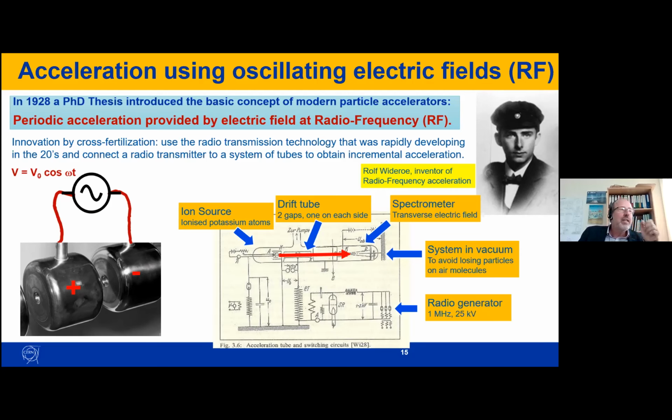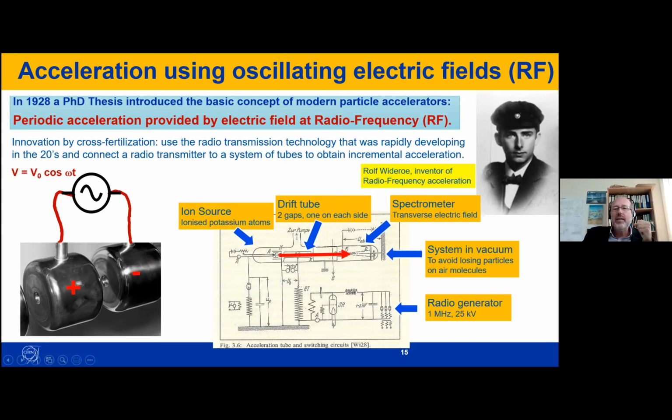In this case, the idea was to connect a variable voltage to our tubes. Basically, you change the voltage between one and the other, and in this way, you can accelerate groups of protons. One more comment: how can you create this variable field?